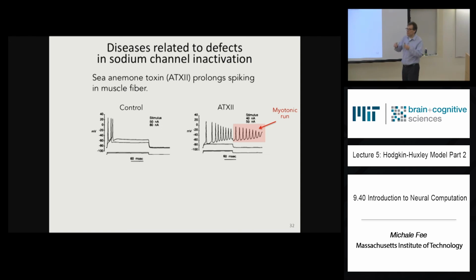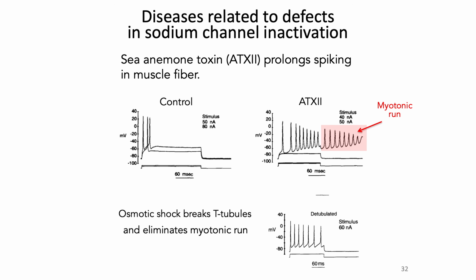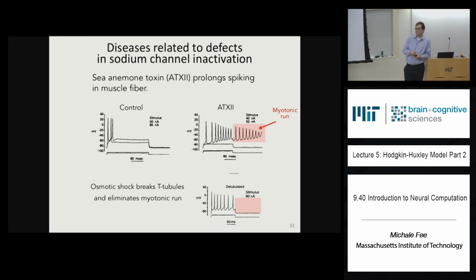What it does is disconnect all the T tubules from the membrane. It doesn't break the membrane, but it disconnects the T tubules. And you see the myotonic run goes away. So something about the T tubules is causing this myotonic run.